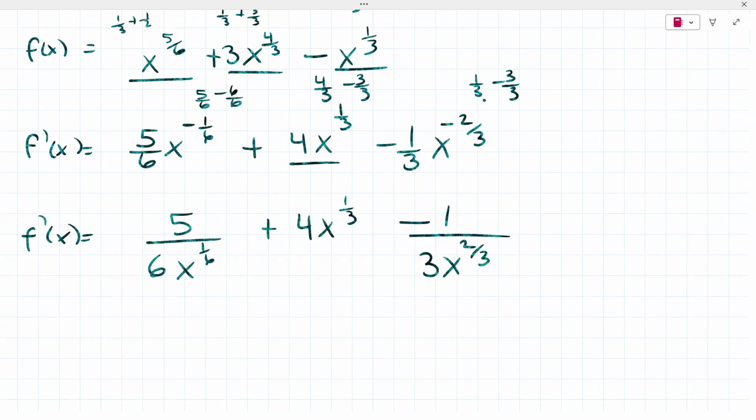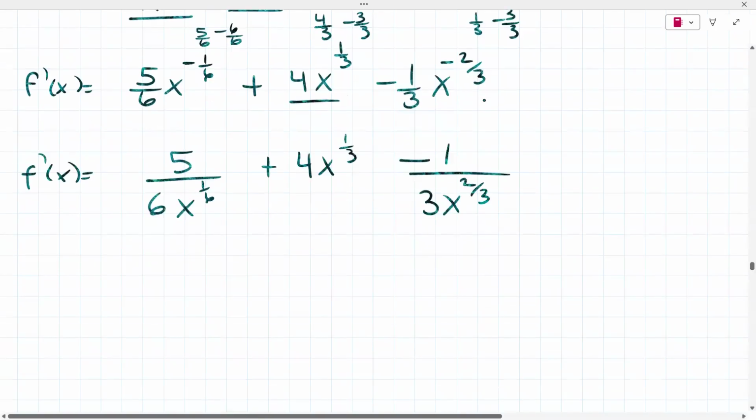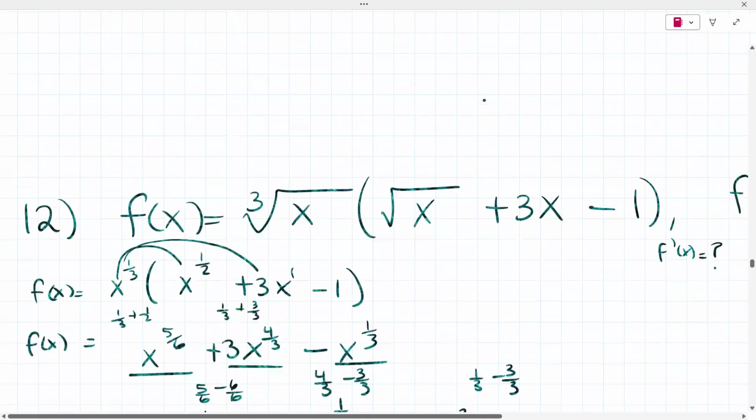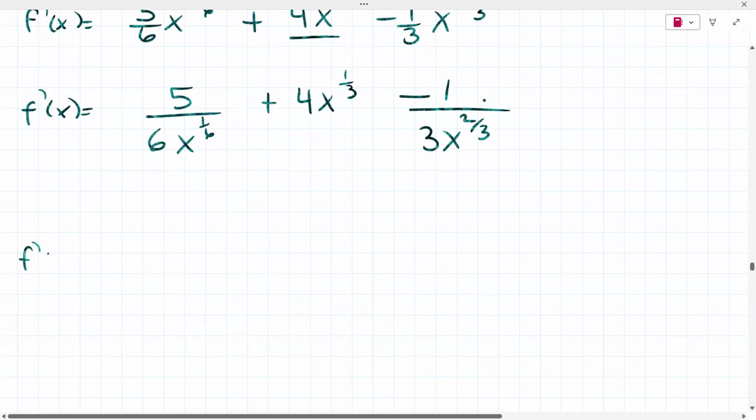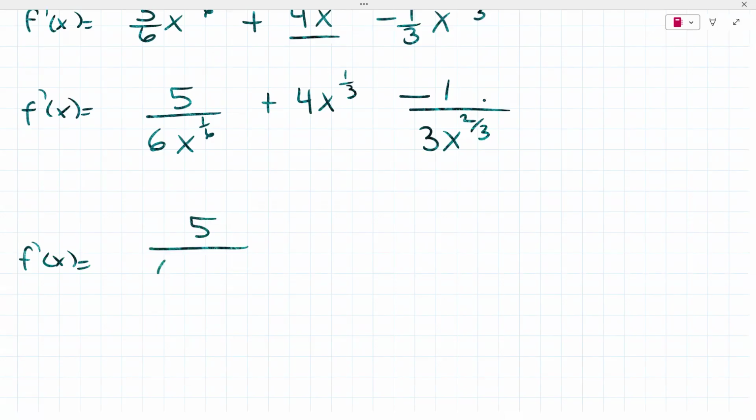And then you could actually do one more step. You can rewrite this as a root, because it had a root in it. So yeah, that's perfectly fine. So as a root this would be 5/6, and then x to the 1/6 is the same thing as the 6th root of x.